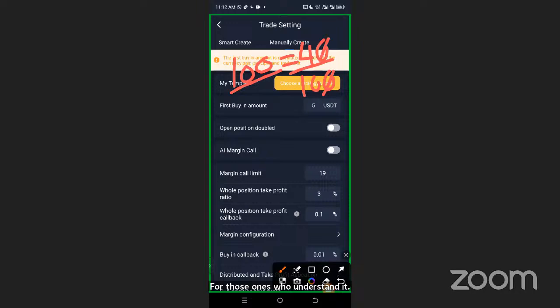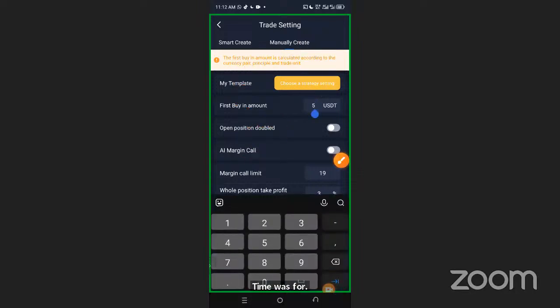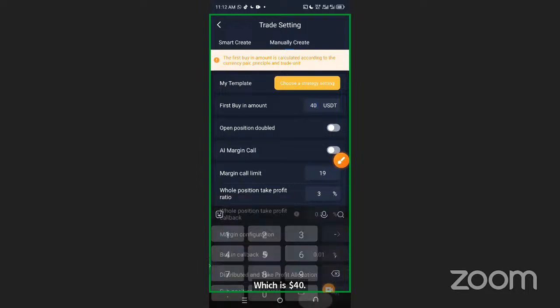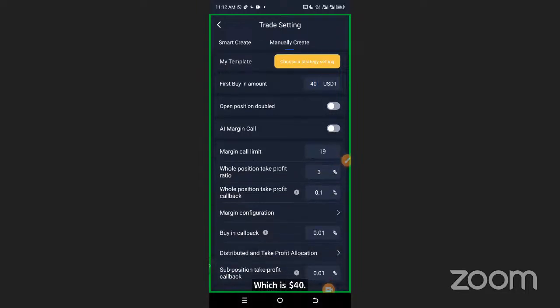Close here, close here, close here. It becomes 10 times 4, which is $40. Come here and you put $40. Now, if you put $40, you have been using $100 minus 40.